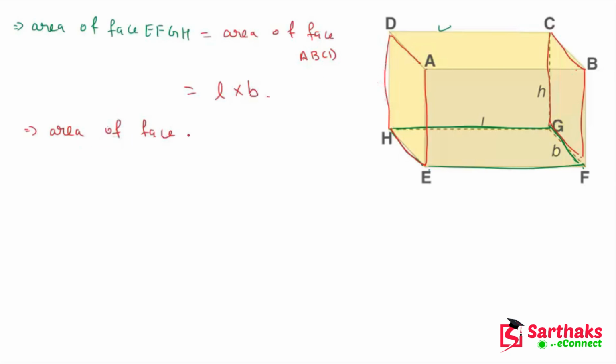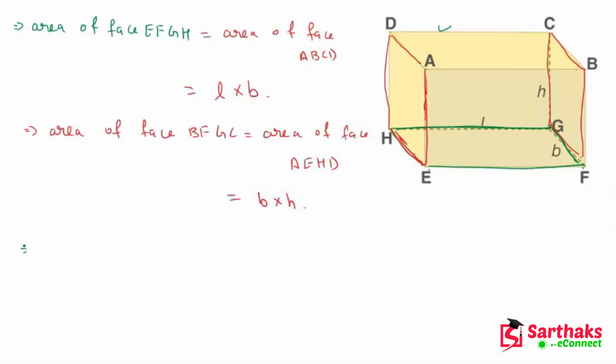So area of face BFGC is equal to area of face AEHD. You can see this is breadth and this is height. So we can write B into H.